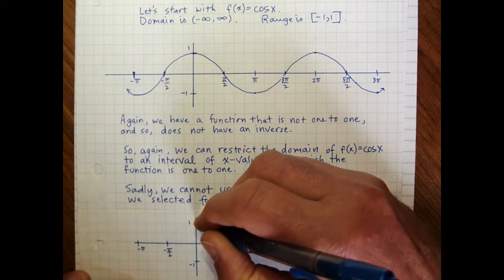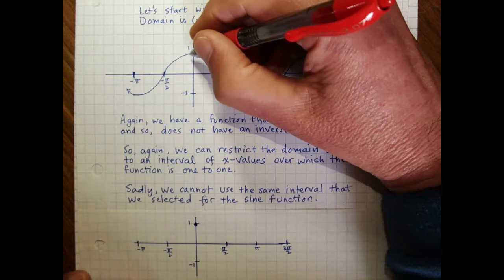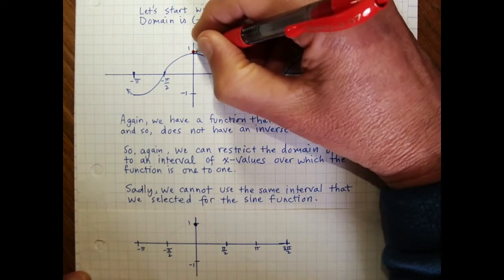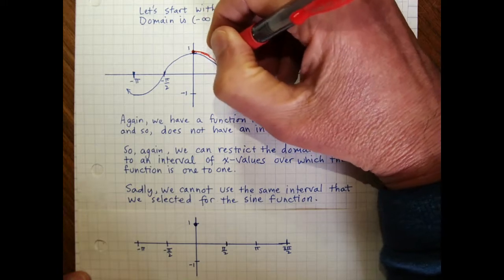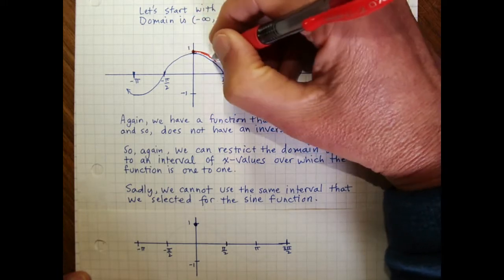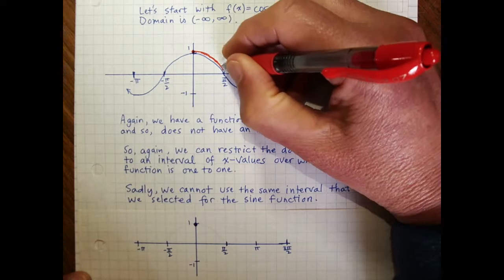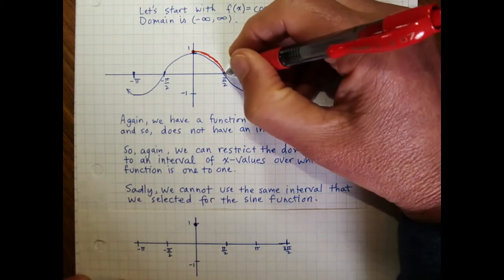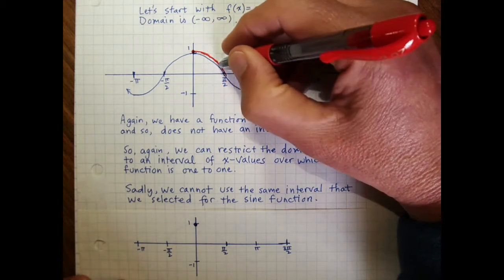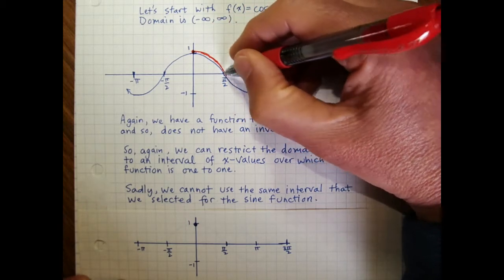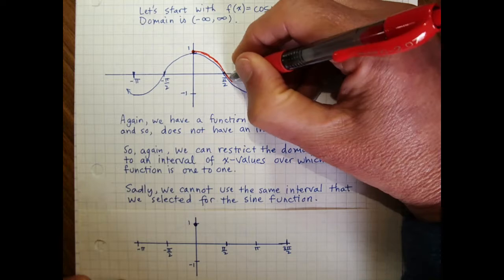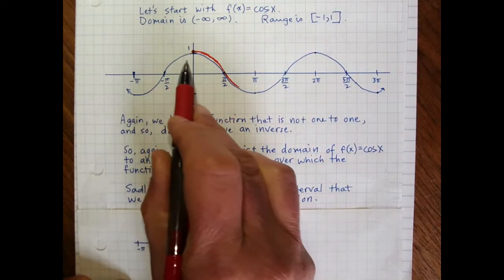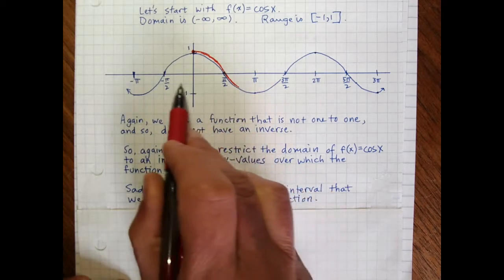We start moving to the right. We keep the point at 0, 1, and we just move to the right. We can't move to the left. We lose one-to-oneness. We move to the right, and we keep going as far as we can and still maintain a one-to-one function. So for this red portion, we hit the x-axis at pi over 2, we can keep going. Because even if we dip below the x-axis, we still have a portion of the graph that's one-to-one.